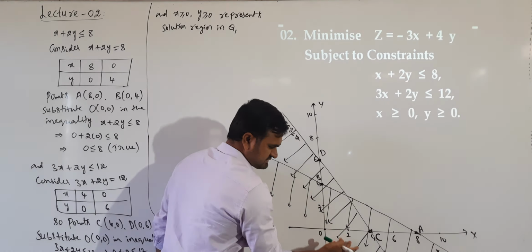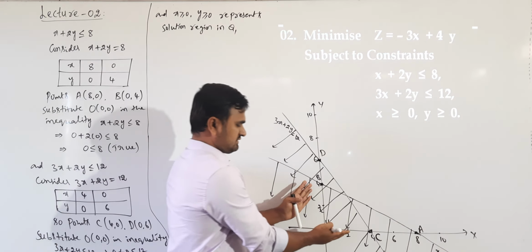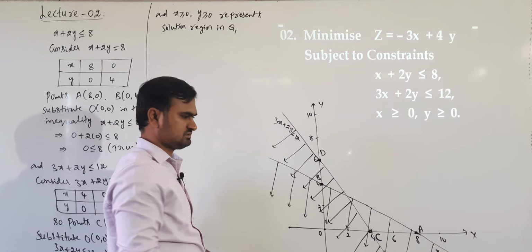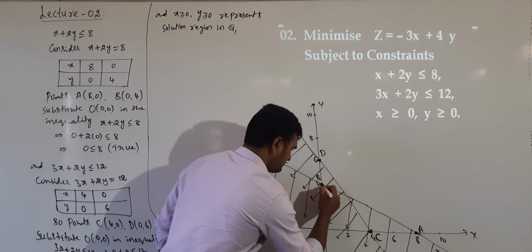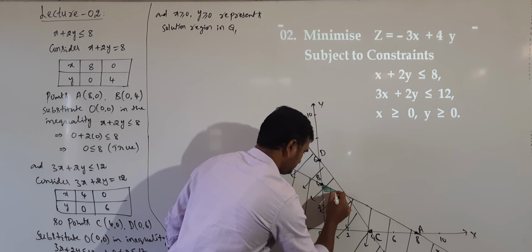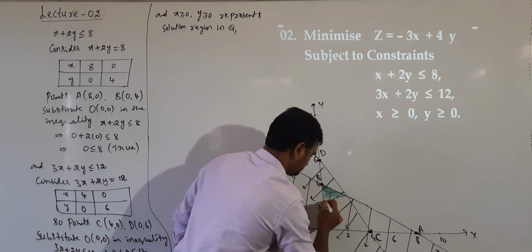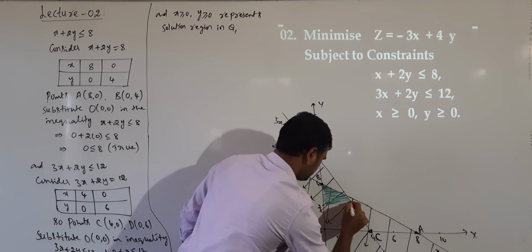So in first quadrant means we don't take beyond this first quadrant region, leaving all the other quadrants. So what is common region we can take? Below both the lines and in first quadrant. So this will be the common region we can take.